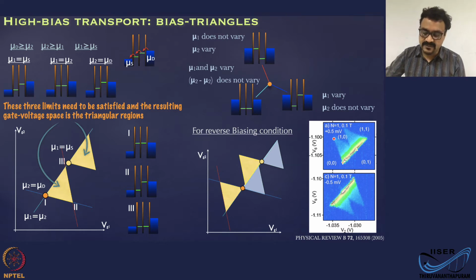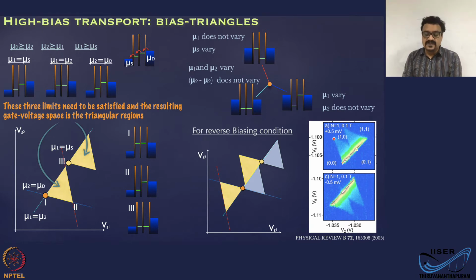For example, if you move along this direction, this arm of the hexagon, you are varying only the dot 2 energy level, whereas dot 1 is in resonance with the source. Similarly, if you are moving along this slope, the blue line here, your dot 2 is in resonance with the drain and you are varying only the source level. But if you are moving along this teal or light blue line, then these 2 levels are in resonance. They always move together.